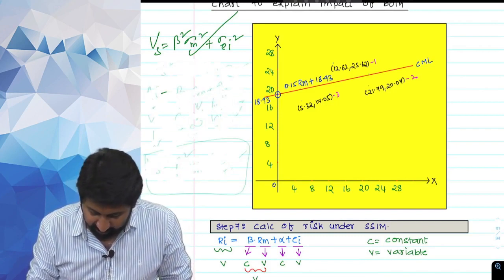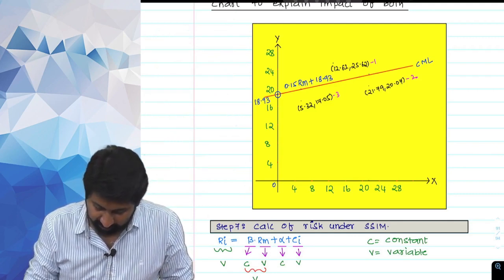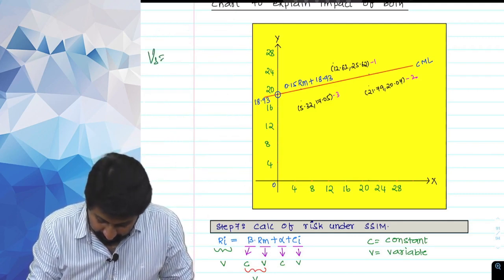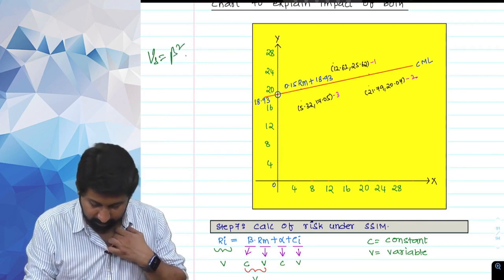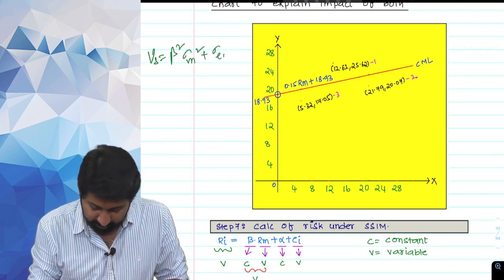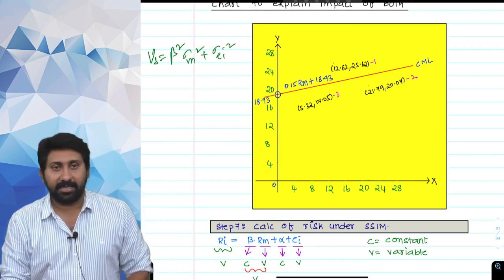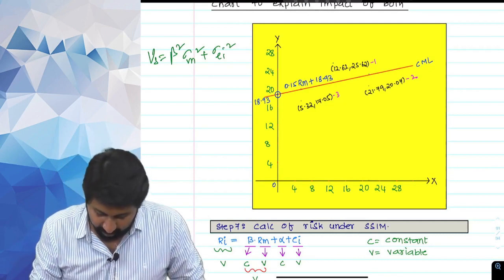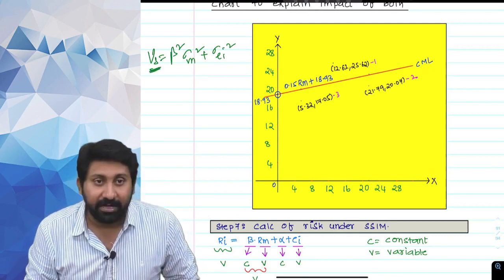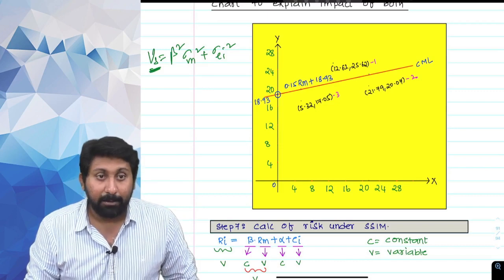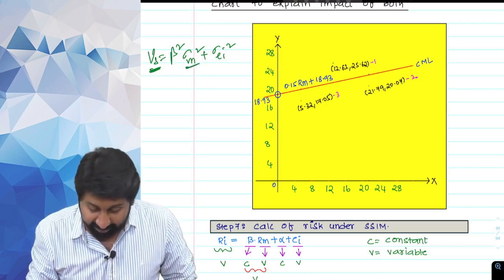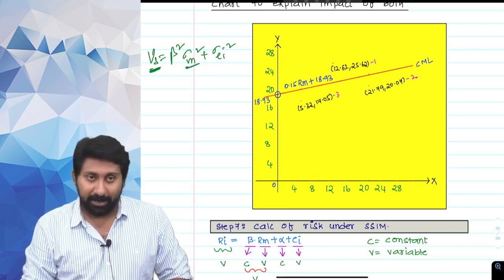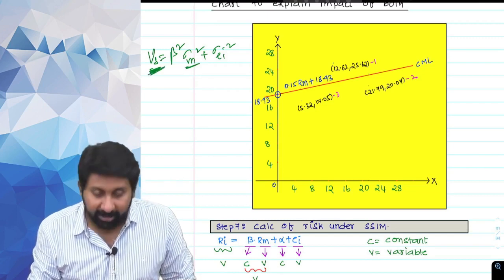Analysis also I will give. See here. Tell me what is the formula? Variance equal to beta square sigma m square plus sigma EI square. Why will the security return vary?